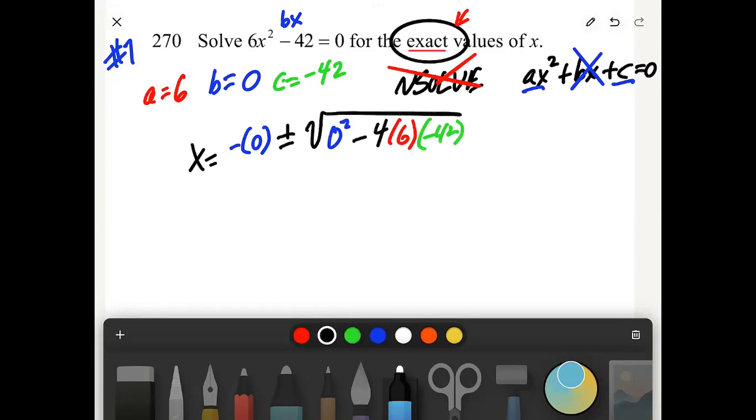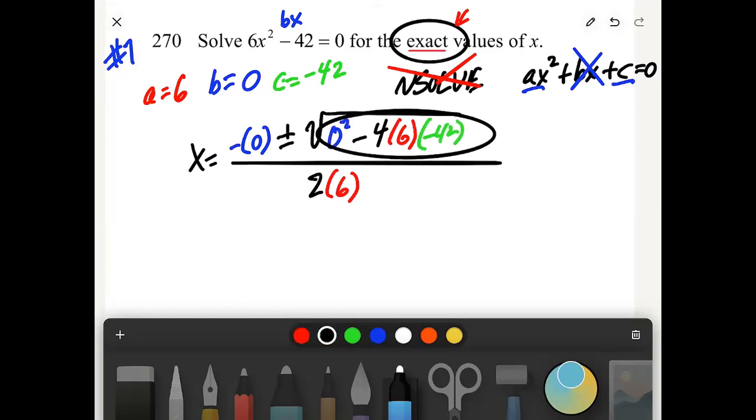And then that's all going to be over the quantity 2 times 6. Now, the only thing we need to really calculate is this part in here. That's all we need to calculate, the b squared minus 4ac part. So let me show you how we're doing that.